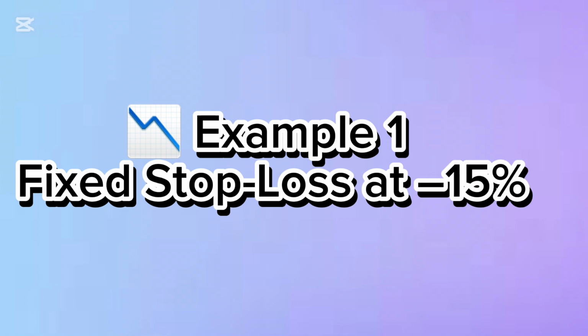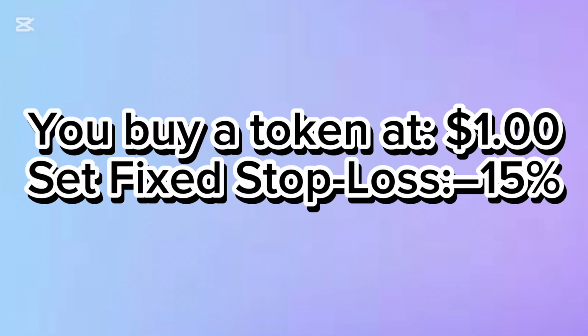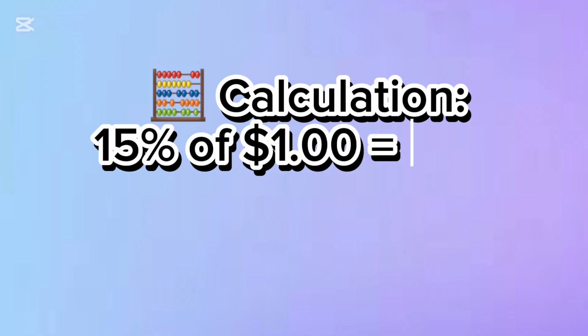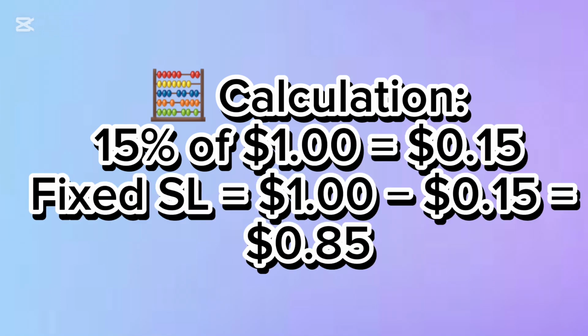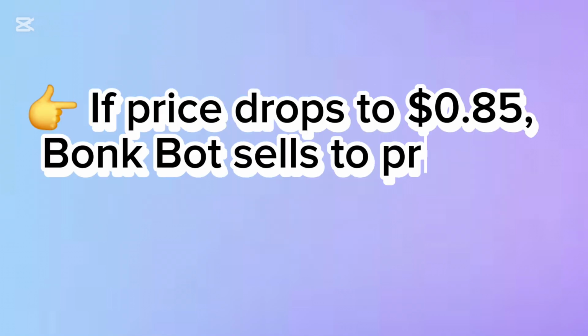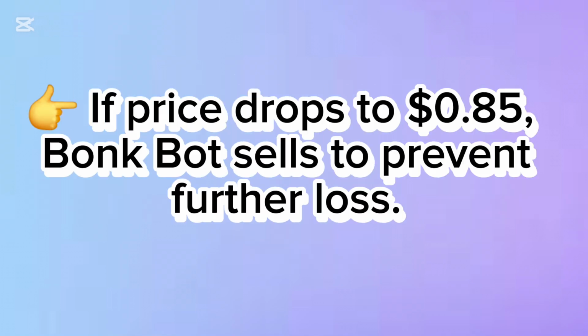You bought a token at $1 and you set a fixed stop loss at minus 15%. 15% of $1 is actually 0.15. So the fixed stop loss will now be $1 minus 0.15, which gives you 0.85. I don't know if you get me. If the price drops to 0.85, Bonkbot sells to prevent further losses.